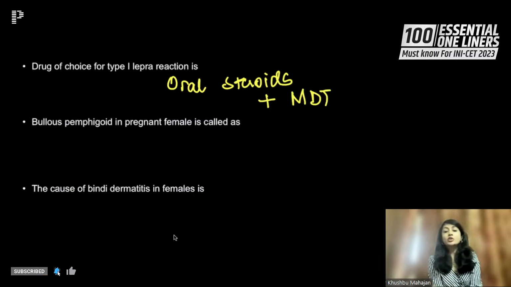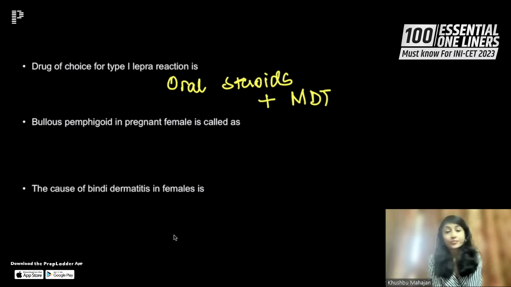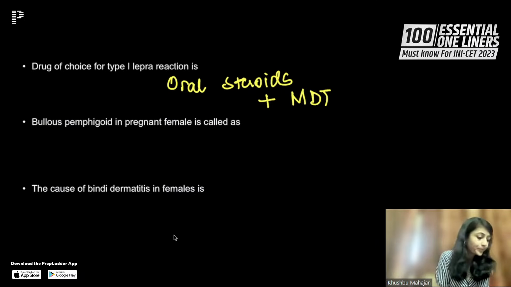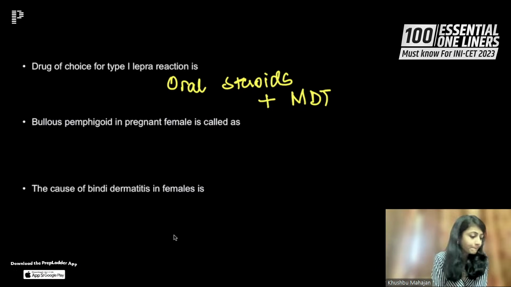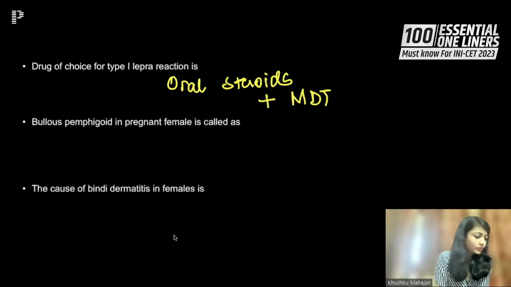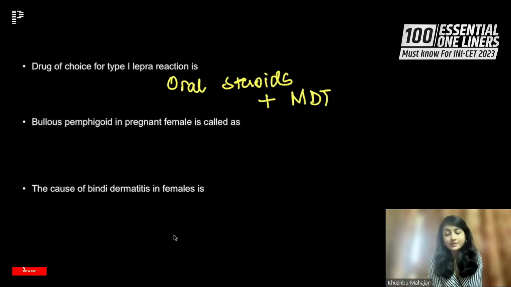Very good. Next question. Bullous pemphigoid in pregnant female is called as? What is bullous pemphigoid in pregnant female called as? No, please don't get confused. What is impetigo herpetiformis?